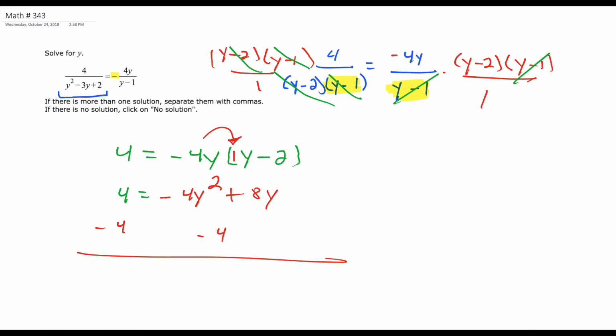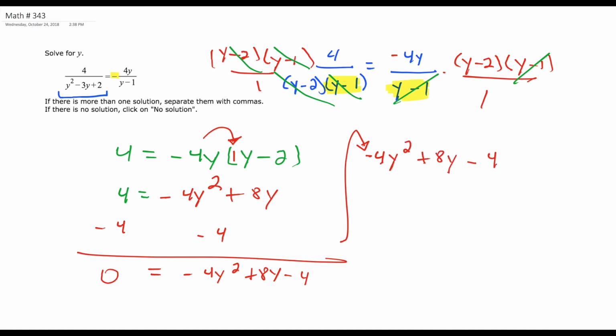Okay, you're left with 0 here. What about on the other side? Okay, then what? Well, let's first rewrite this problem. So I'm going to write it as negative 4y squared plus 8y minus 4 equals 0. So we're going to have to factor and solve it.